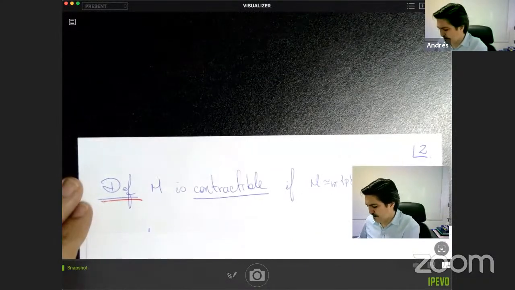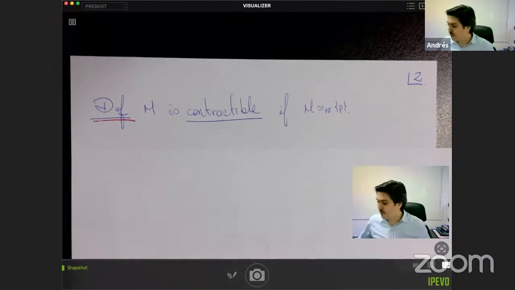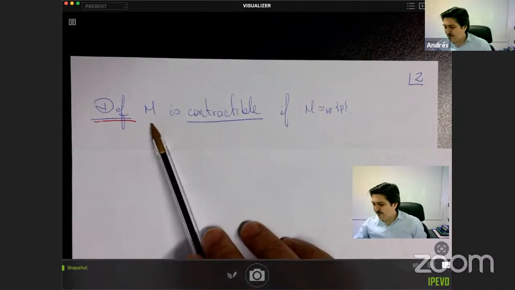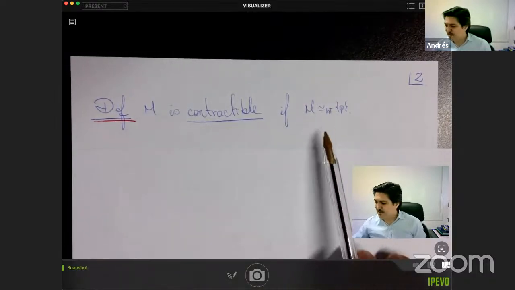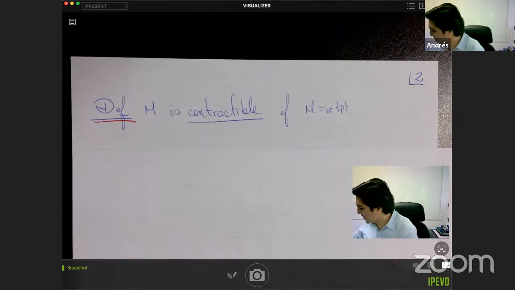So the first one, someone has been reading the book or reviewing your notes from topology. We didn't discuss the concept of contractible. Salvador already mentioned that for Euclidean space. So a manifold is contractible if it has the homotopy type of a space with a single point. That's what it means to be contractible.